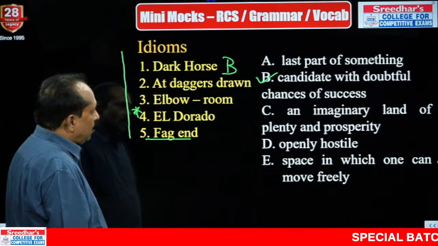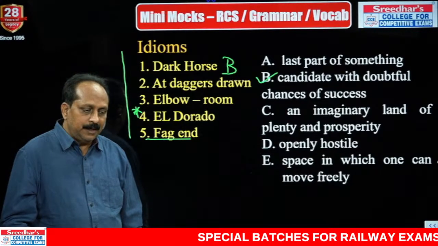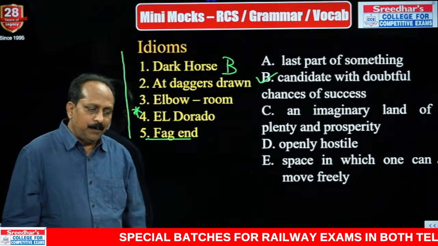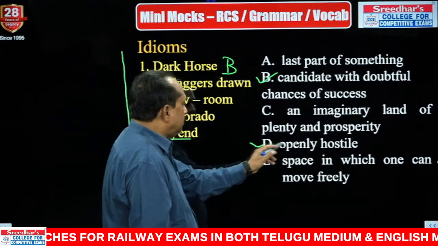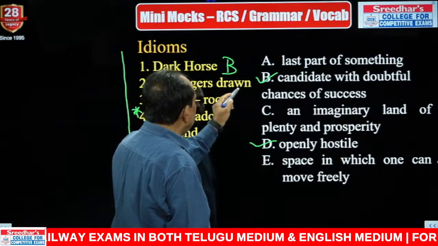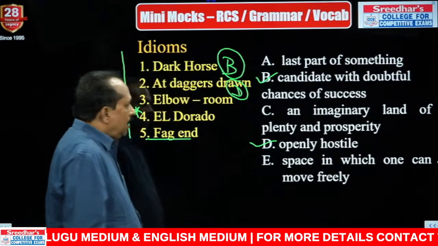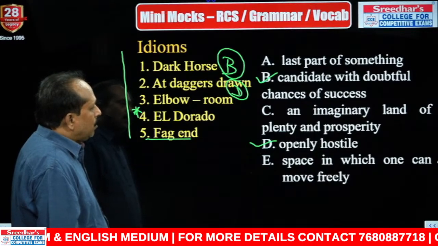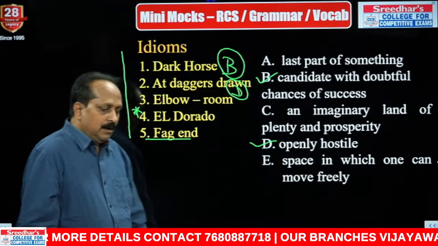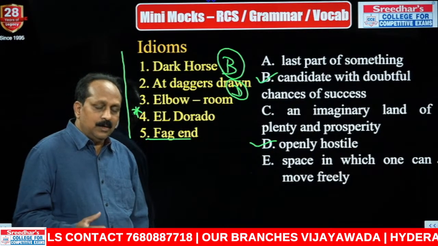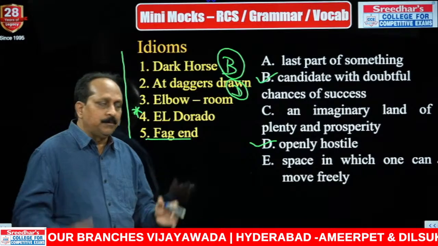At daggers drawn, always at loggerheads. Both mean the same. Disagreeing all the time, fighting all the time. Openly hostile. Different words have been used. D. Elbow room means what? Space in which one can move freely. Also, work freely. Not only the literal meaning, elbow room means you can think freely, you can work freely.